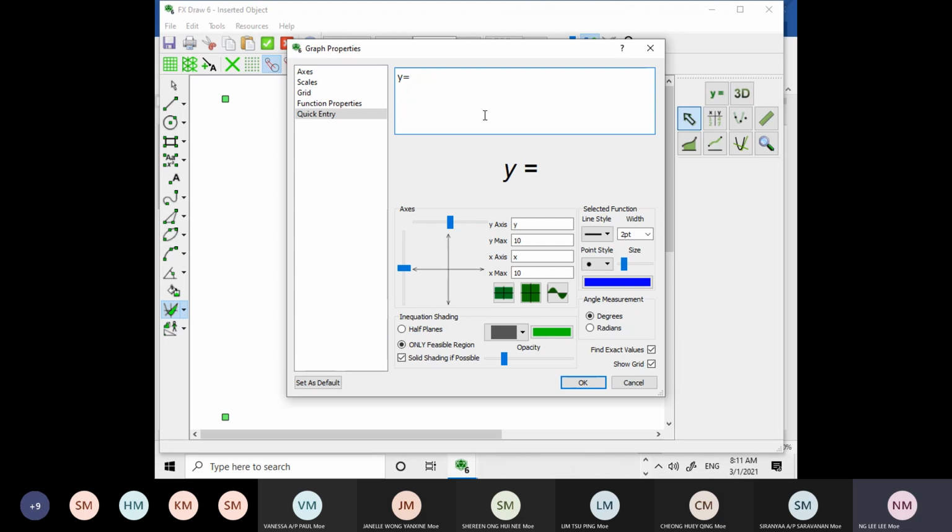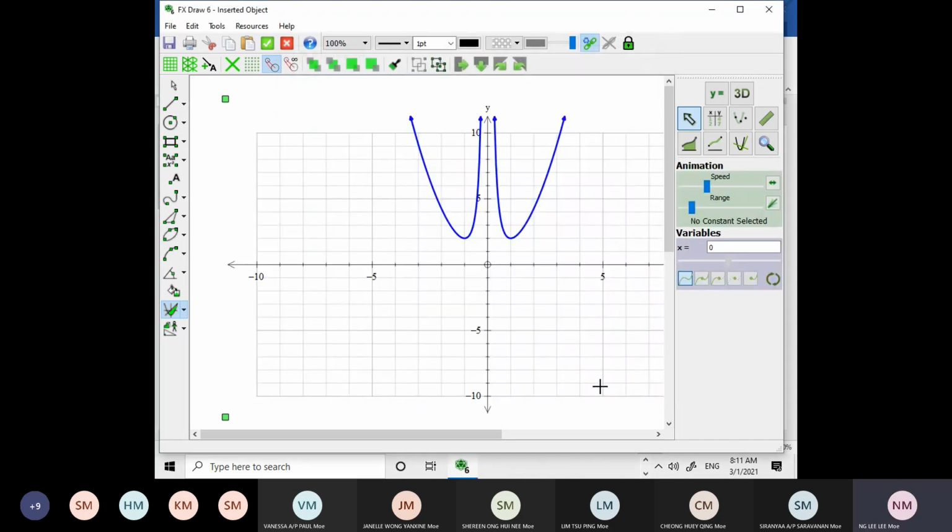Now I'm going to ask the software to sketch the graph of x squared plus 1 over x squared. This is the graph. You can see you have 2 minimum points: local minimum (1, 2) and the other local minimum (-1, 2).